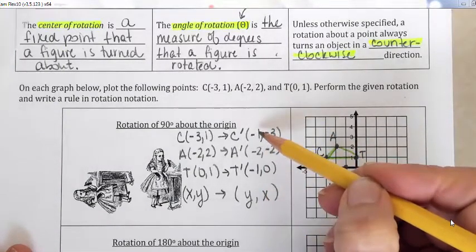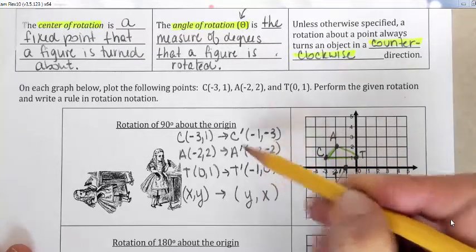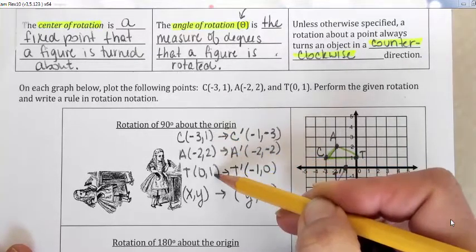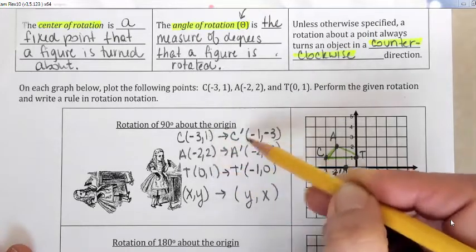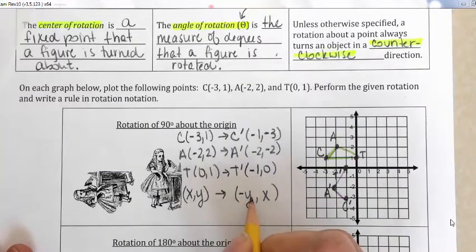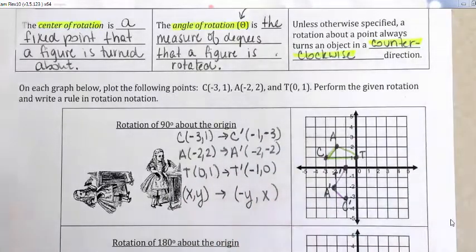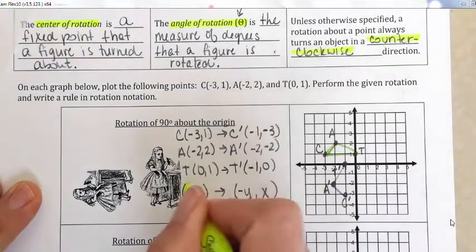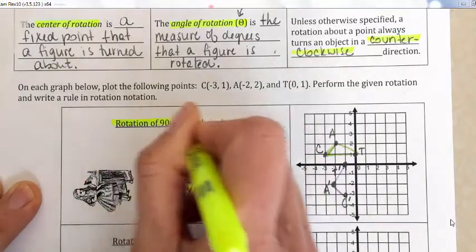If I look at all of the y's, they're now the new x's. Well, they're not exactly the same as the old y's. These all were positives, and these are all the opposite of those. So we did the opposite of y, made that into our x, and then x became our y. So that's the general rule that we're going to use for any rotation that is 90 degrees about the origin.